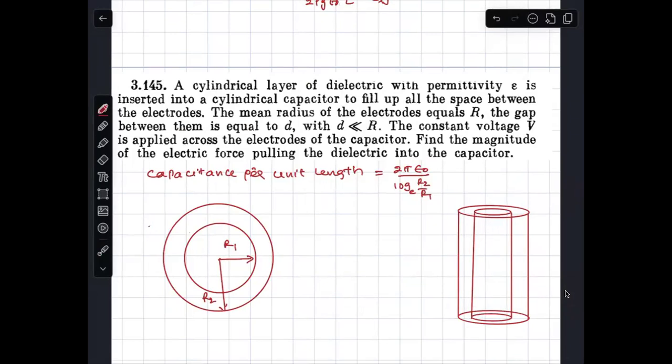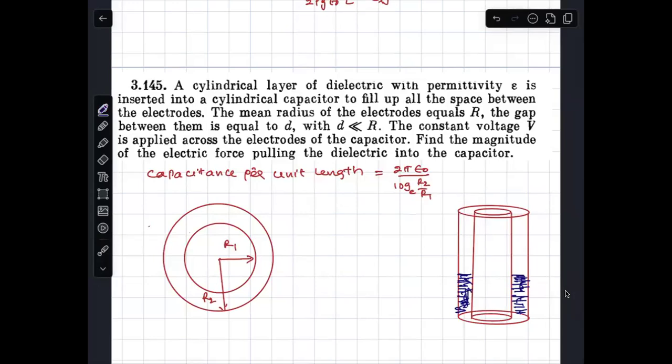That is your cylinder. You have filled it like this.